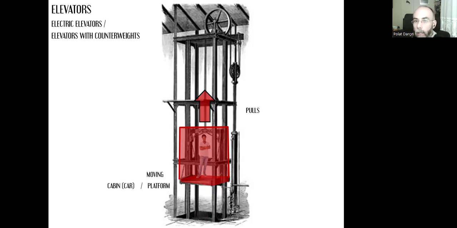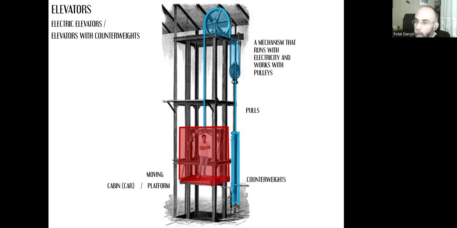Instead, I think the one that pulls from above can be called elevators with counterweights, because that's how the system works. We have counterweights, and there is this mechanism with these gears and strings and cables that runs with electricity, with pulleys.